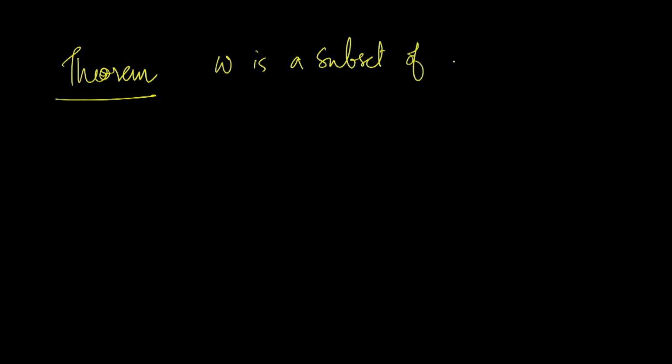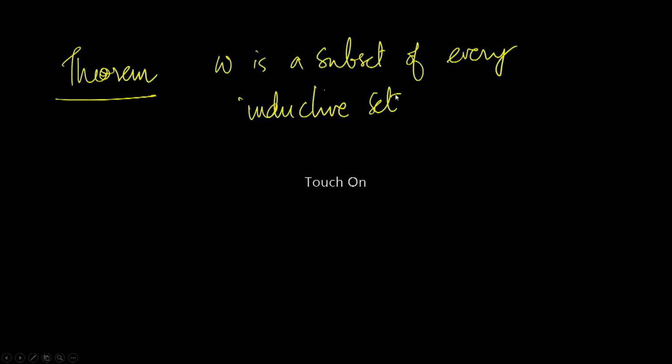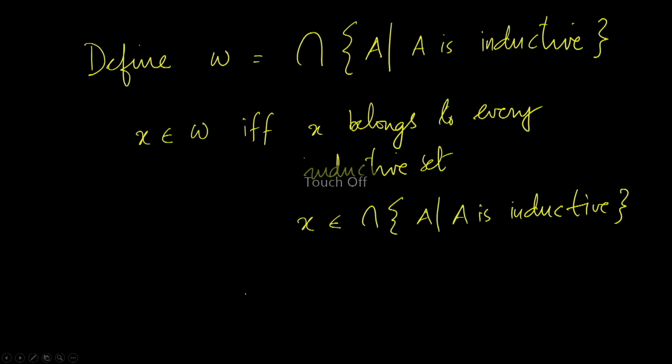Now let us consider some interesting properties of omega. First of all, omega is a subset of every inductive set. That should be obvious, because in the previous slide we have just seen that if x belongs to omega, then x belongs to every single inductive set.